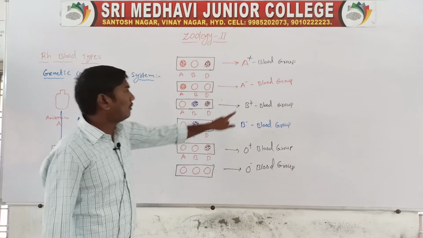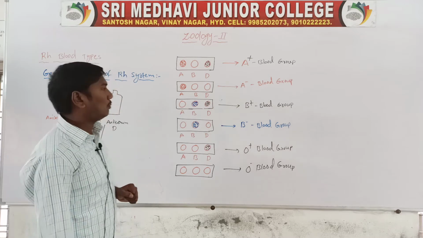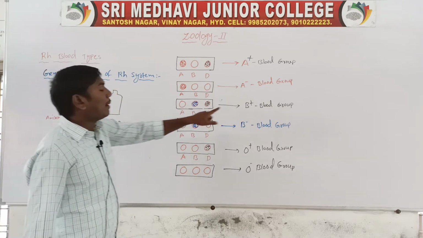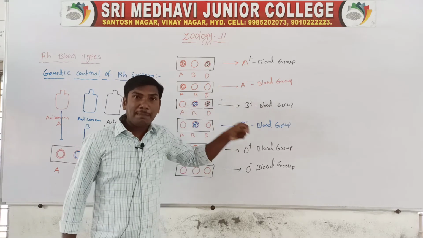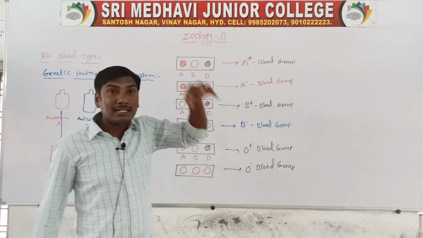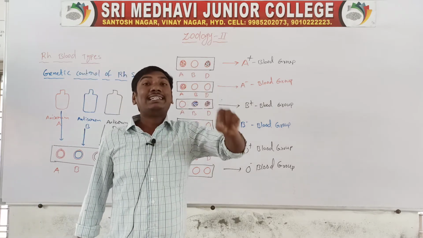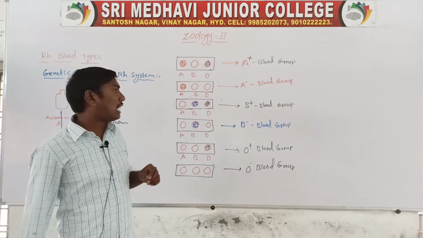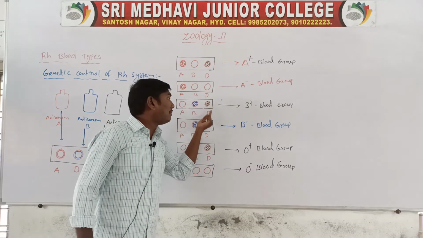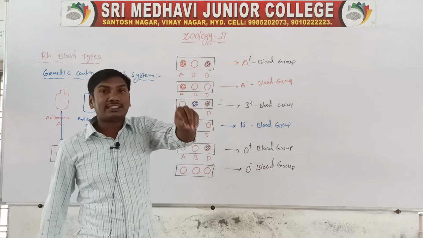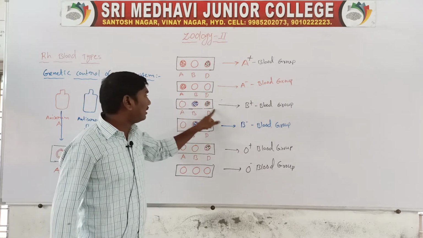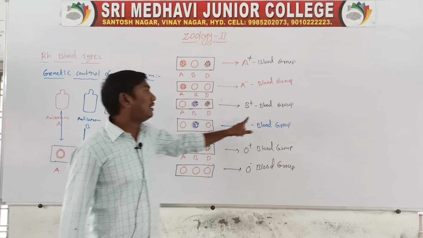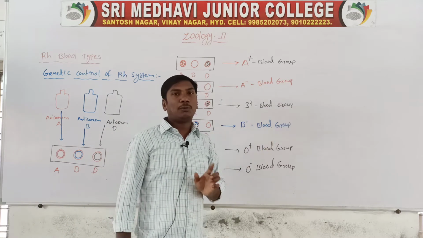Next, the B positive blood group: the red blood cells contain antigen B on the RBC, with clumping formation in the D sample. The RH factor is present, so they are called B positive blood group.